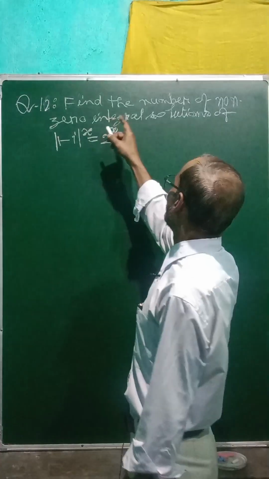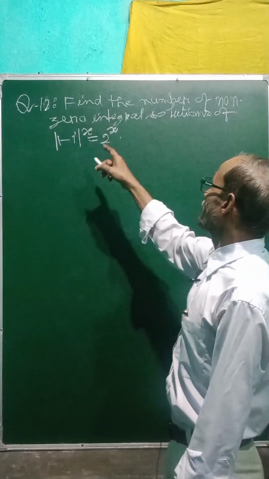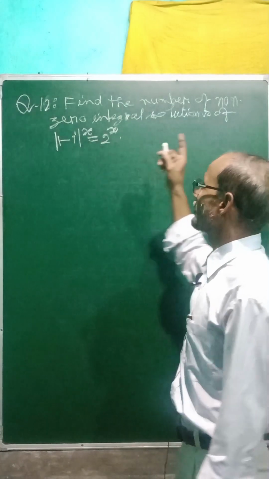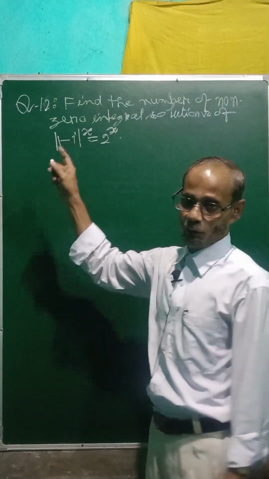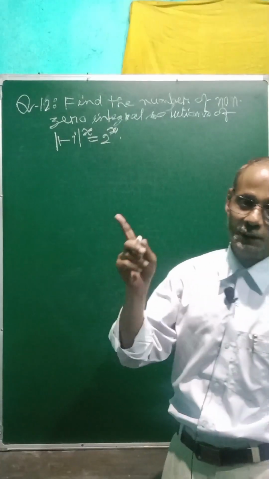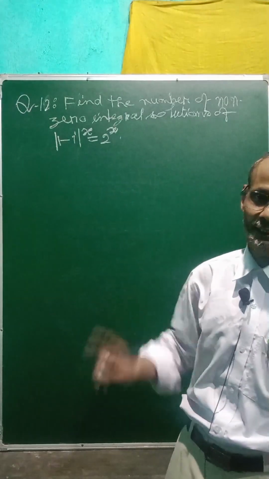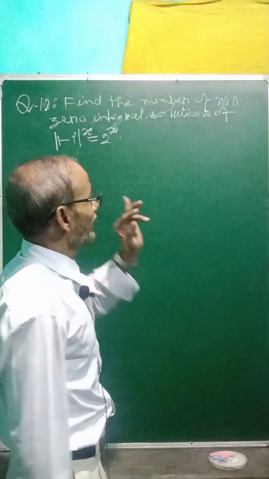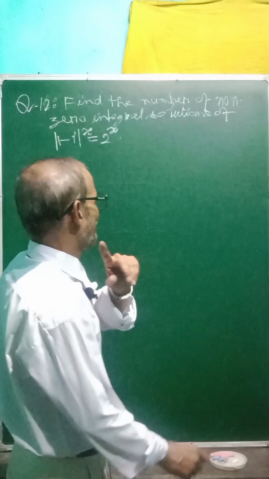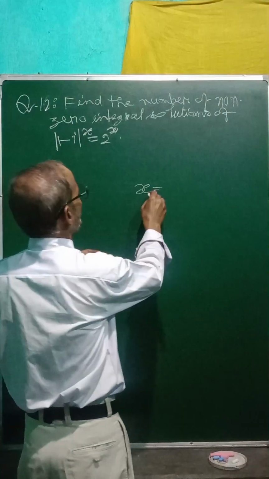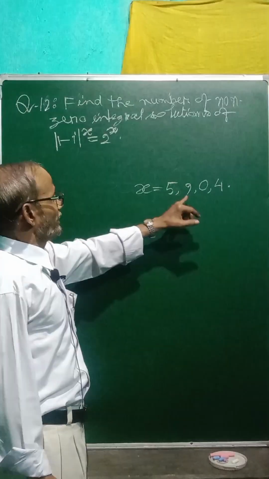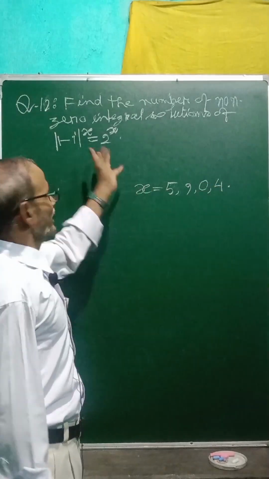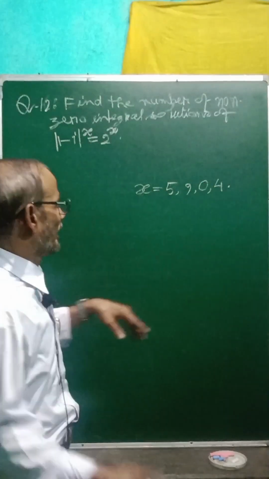Next question: find the number of non-zero integral solutions of modulus of (1 − i) all to the power x equal to 2 to the power x. Understand the insight of the problem by taking a simple example. Suppose x is equal to 5, 9, 0 and 4 are all the solutions for the time being.